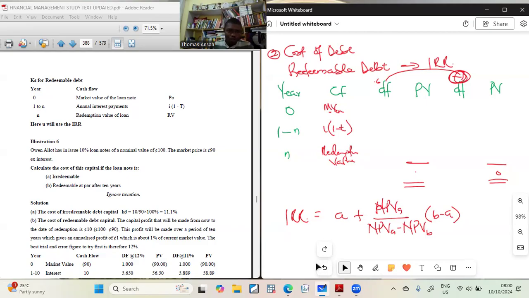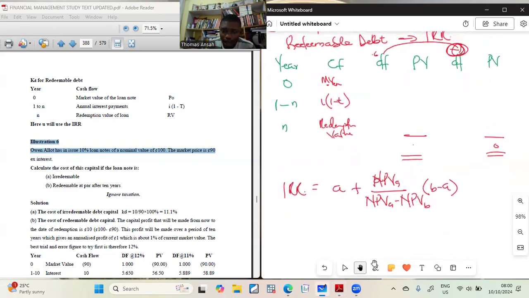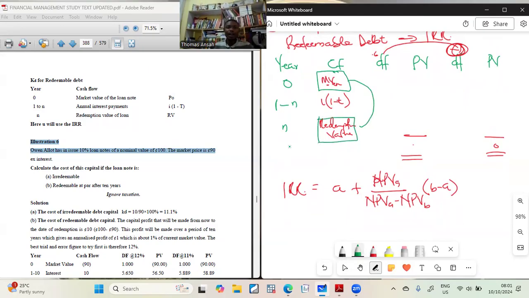So I'm just going to show you the issue here, so you will see that. Now, you have this particular illustration. We are going to use that, and as you can see, the solution is beneath. So I'm not really going to demonstrate it in the workings as you see it here, because the solution is there. But what I can say is that if you are having a redeemable debt of which the market value is equal to the redemption value, you don't need to use this IRR formula.